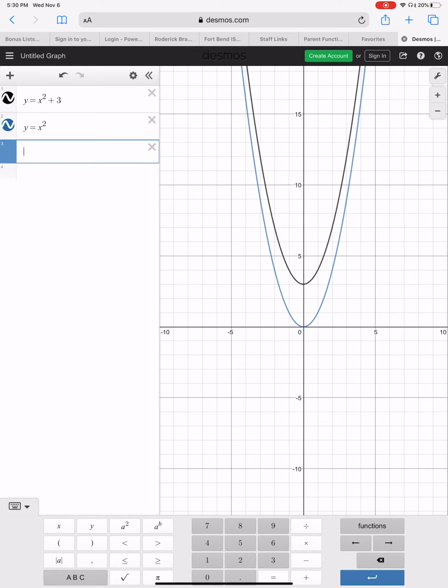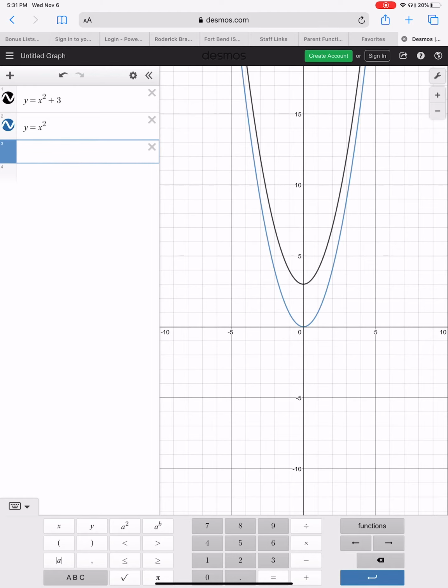So the question is, how do I go from the parent function, y equals x squared, this blue function here on the video, to the black function, which is the related function, y equals x squared plus 3? So what does it look like?